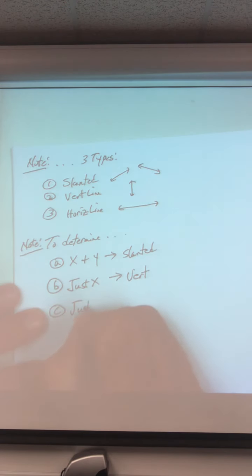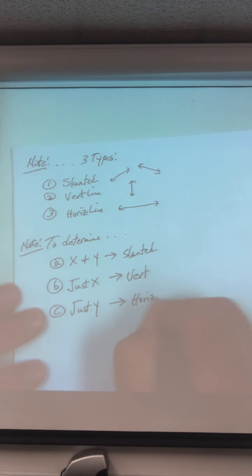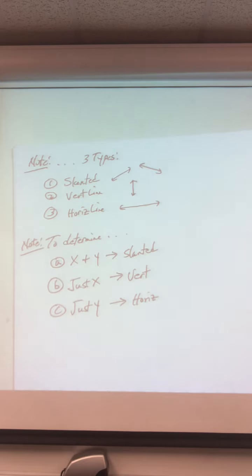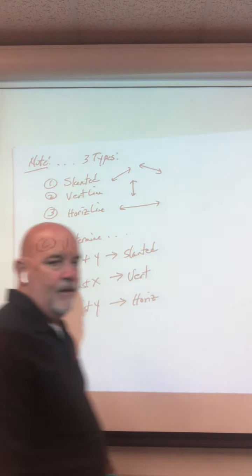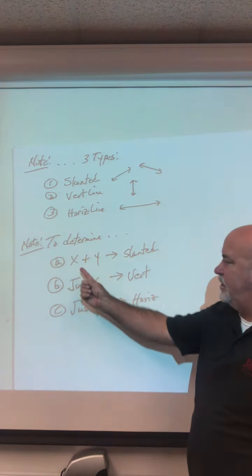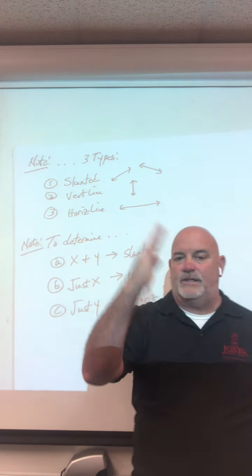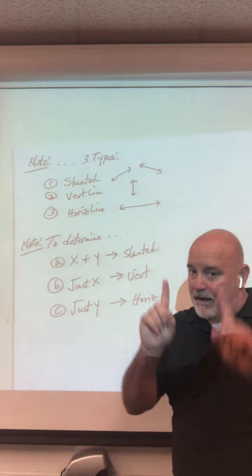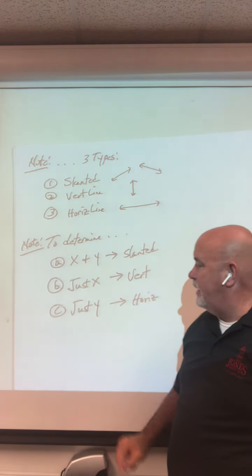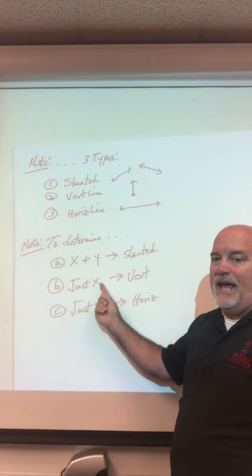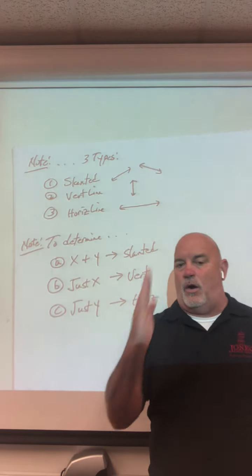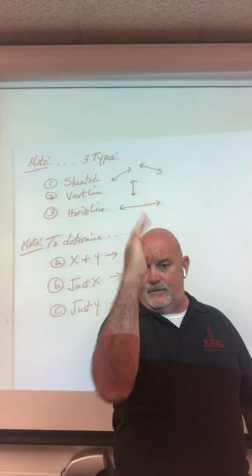This is very, very important right here that you memorize. Okay, here's what this means. If the equation has an X and a Y in it, the line is always slanted. Always. But now they have to both be to the first power. If it has just an X in it and no Y at all, it looks like this.